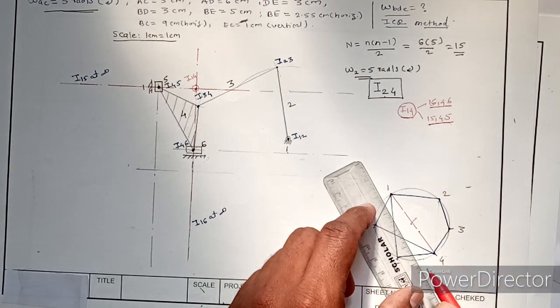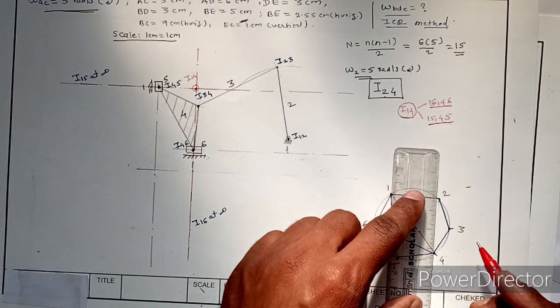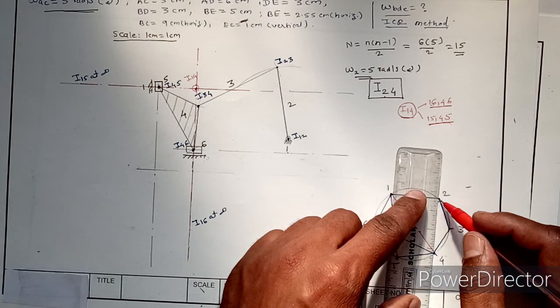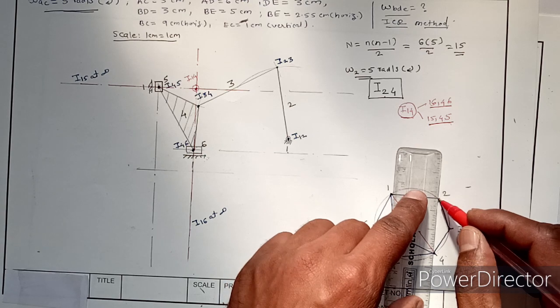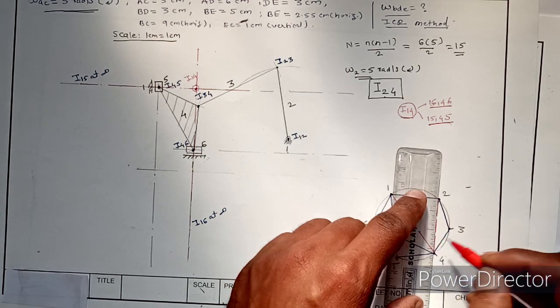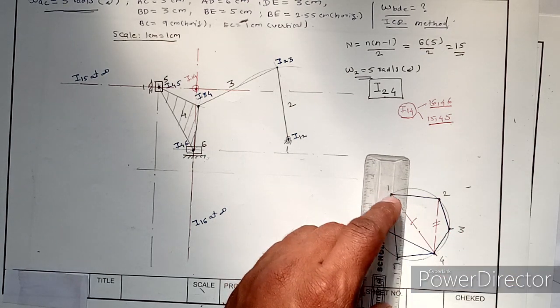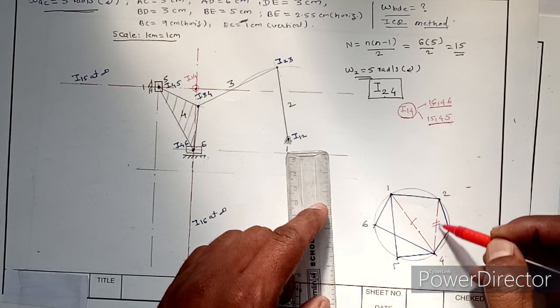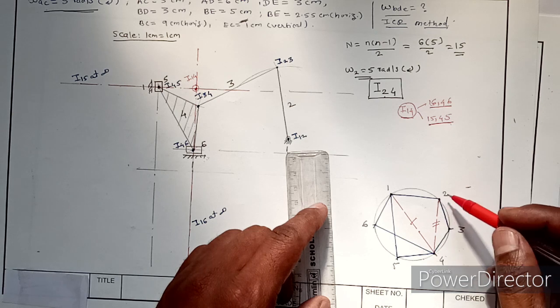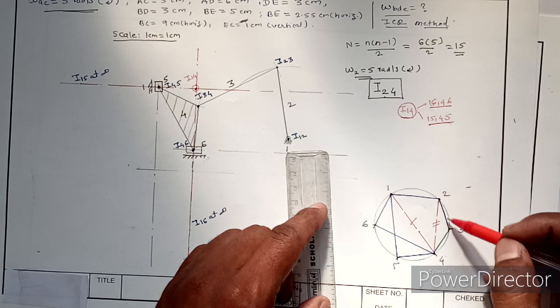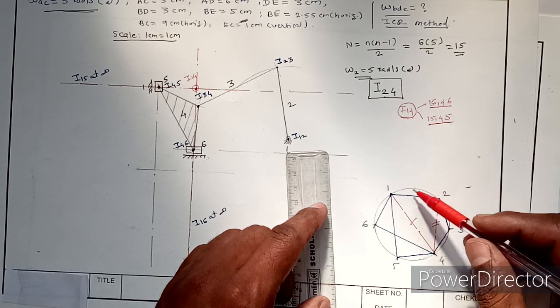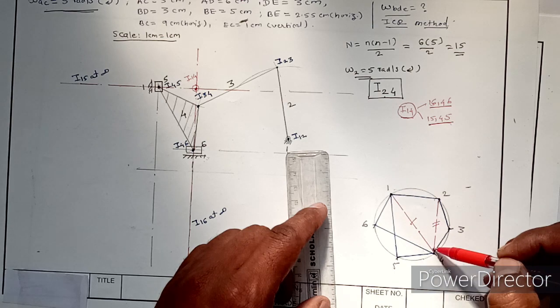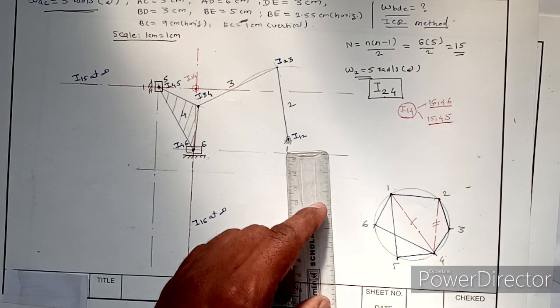Now from 1 4 I can locate 2 4, which we are in need of. So I will join this line 2 4, and now let us check 2 4 is the common side of two triangles. Yes, we have got this. We have the first triangle 2 3 4 and the second triangle 1 2 4, of which 2 4 is the common side.